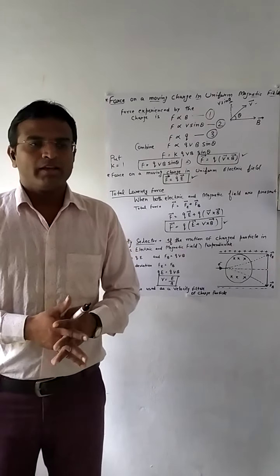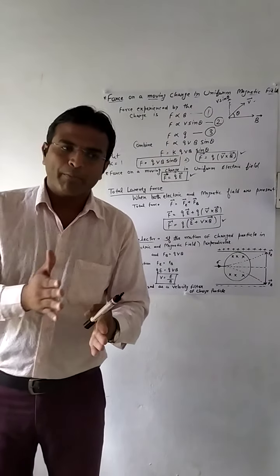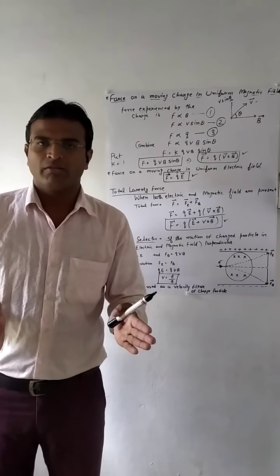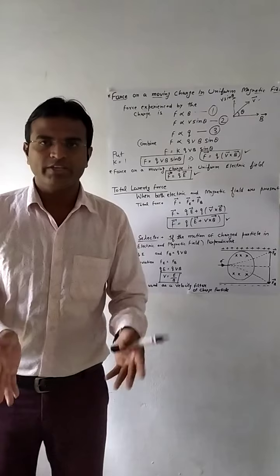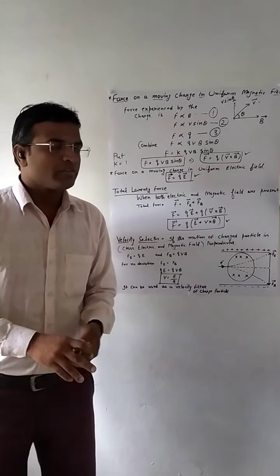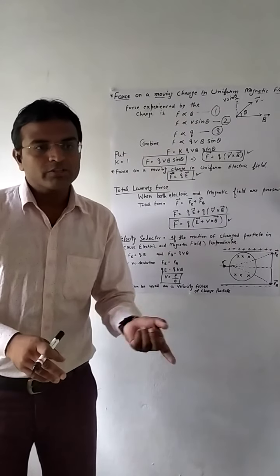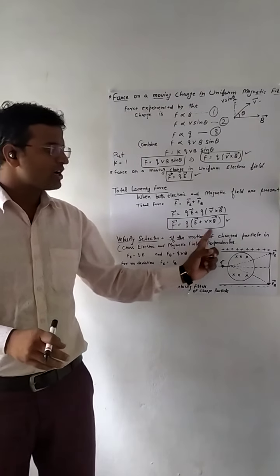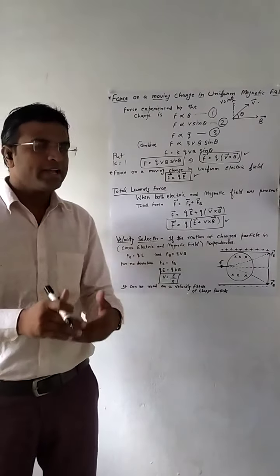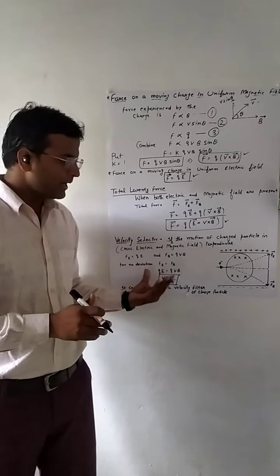This means electric field and magnetic field are perpendicular to each other. Initially, electric field and magnetic field are perpendicular to each other, and the velocity of the charged particle is also perpendicular to them. Okay? If the charged particle moves in crossed electric and magnetic fields, what happens?